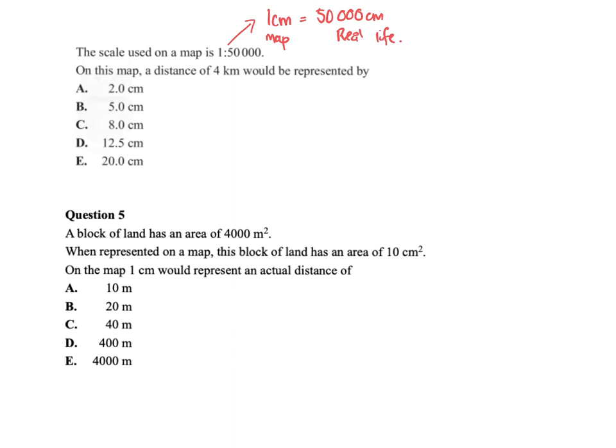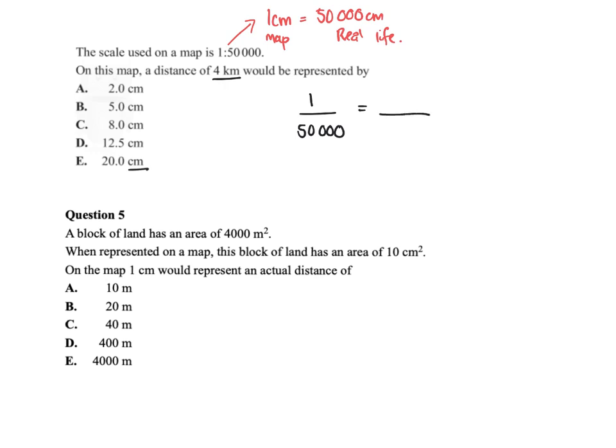So on this map, the distance of 4 kilometers can be... So you can just set it up the same. Because they're using centimeters, we can just say 1 over 50,000. Now they're saying this is a real distance, okay? So that's the bigger bit.